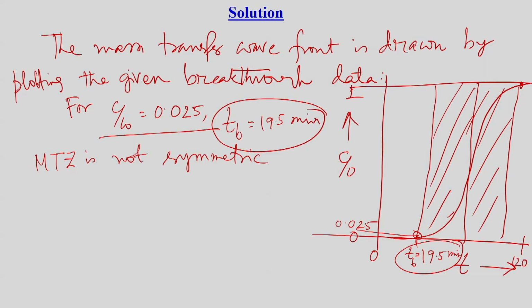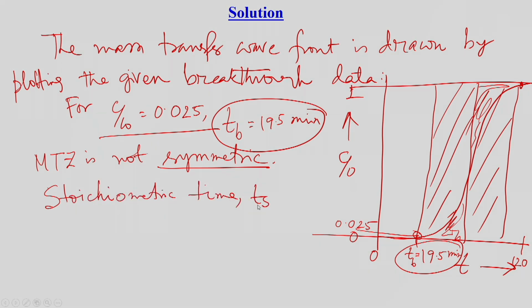That is why this portion would come and sit here, and the unused bed is obtained from there. But in this case, from these data points, it is not symmetric. So we need to get this stoichiometric time.